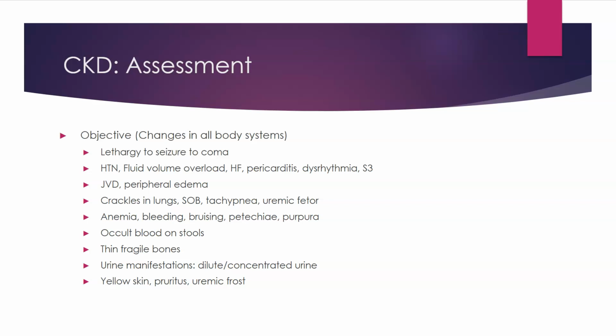I think you know most of those terms. Bleeding in stools, thin fragile bones, urine manifestations, jaundice, and a uremic frost. This is uremic crystals that are sweat out of the body, and then when the sweat evaporates, it leaves the crystals behind as a white frost, so to speak.